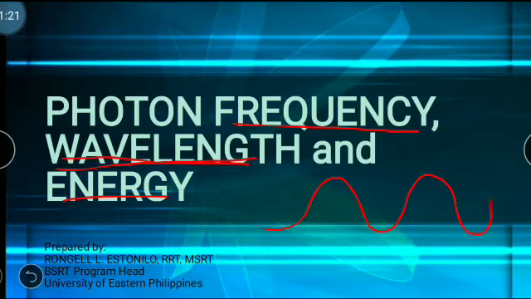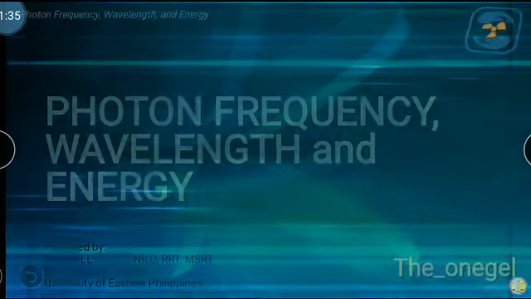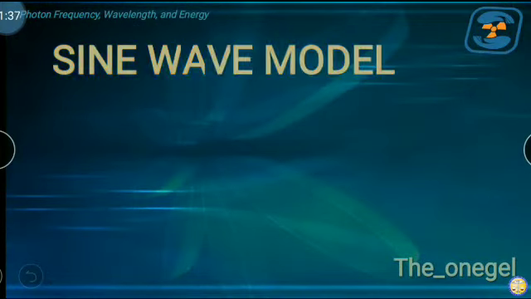Okay, so again, electromagnetic radiation behave as wave. Bakit? Because it possesses both electric and magnetic properties. Okay, so going back, we have the sine wave model. Sine wave kasi nga yung movement niya is in a form of wave.